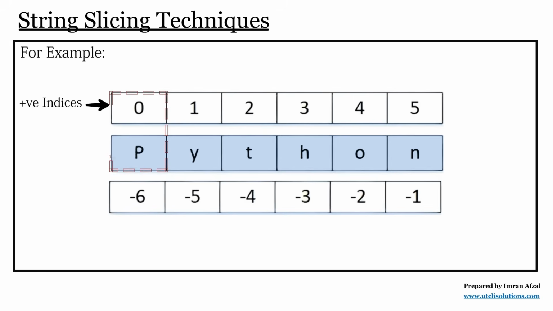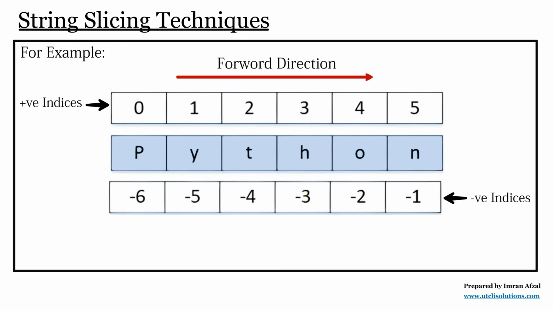Index 0 gives the first character P, and index 1 gives the second character Y. On the other hand, negative indices start counting from the end, so index minus 1 gives the last character N, and index minus 2 gives the second to last character, which is O. So positive indices move forward from 0, while negative indices move backward starting from minus 1.